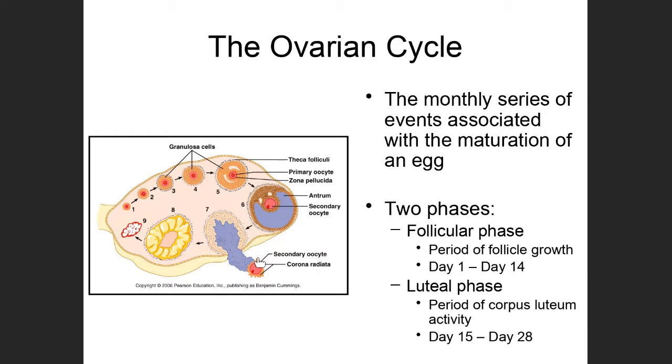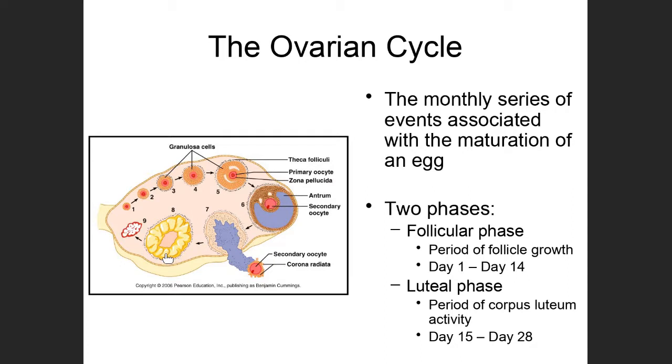Once we've released that oocyte, so we've had this process of ovulation, we transfer into the second phase of the ovarian cycle, which is known as the luteal phase. During the luteal phase, we get development of a structure that you can see represented here in yellow. It's known as the corpus luteum.